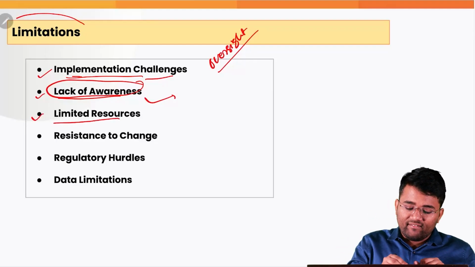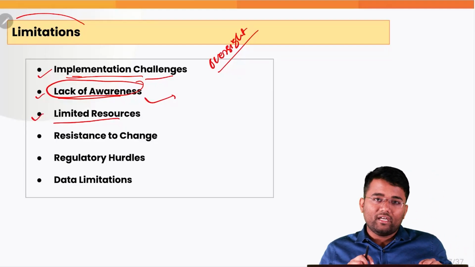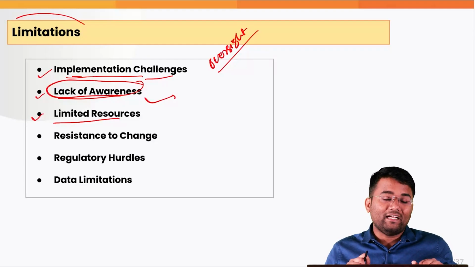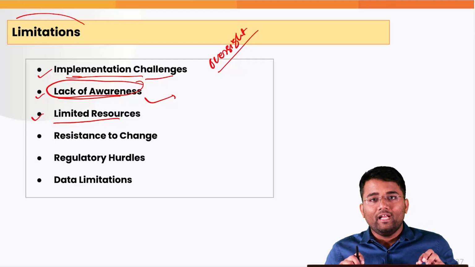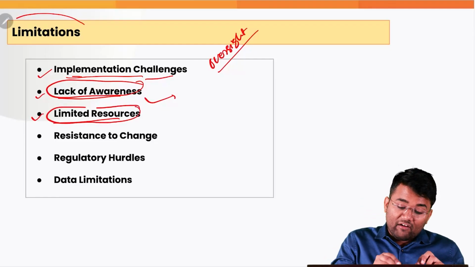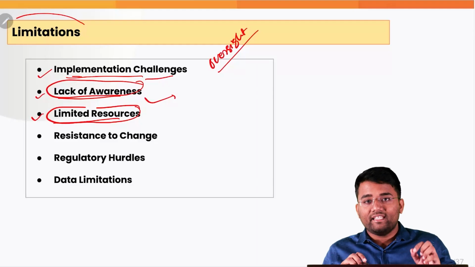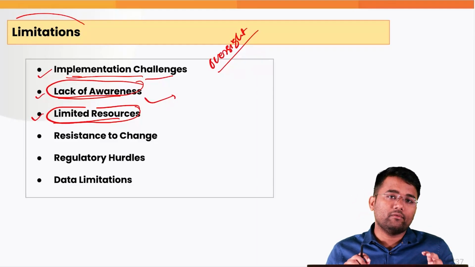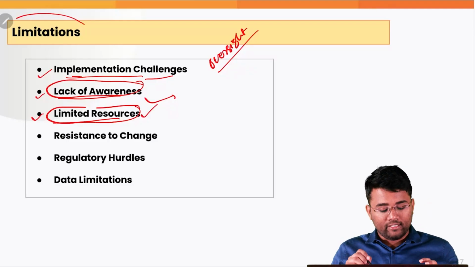Also, the government has limited resources. So to provide the training to the farmers, to ensure that they understand all the nitty-gritties of the particular code, the government may have to spend a lot of resources, and they have limited financial resources available, so that might also create some difficulty.